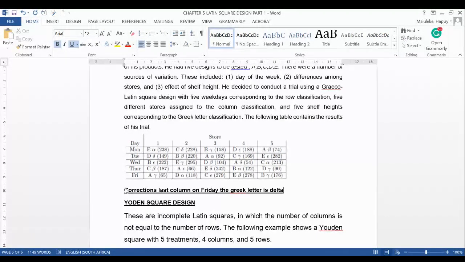It's supposed to be delta there. Delta is the symbol that is attached to D on the first row, on the first column on Tuesday. That is delta. So please change that. It is supposed to be B delta 176.